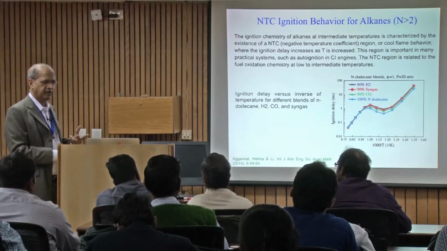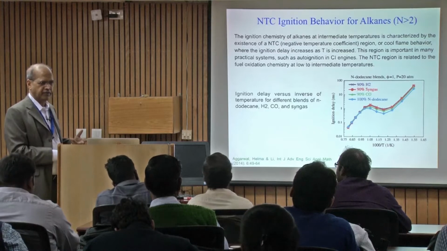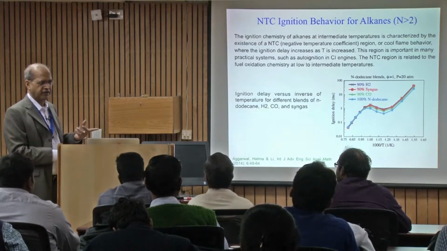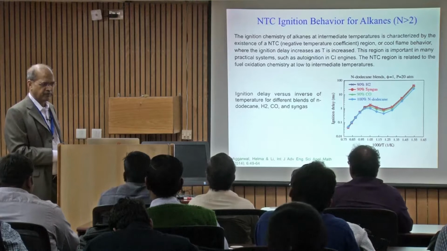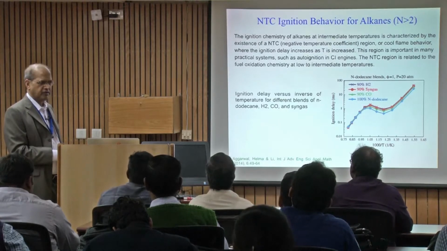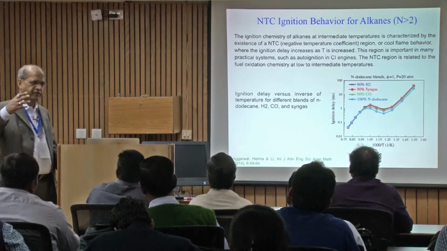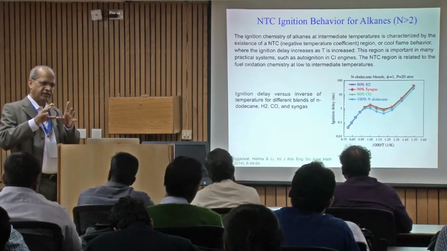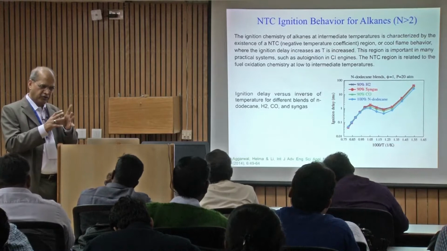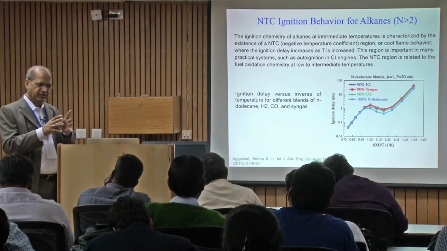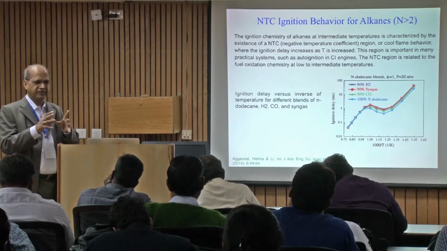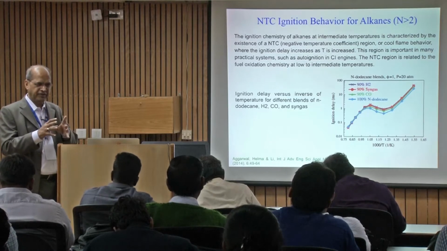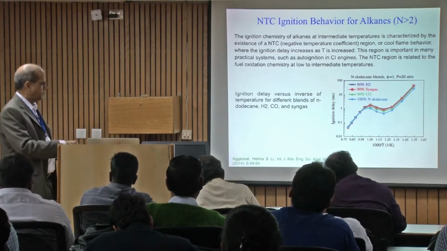If you use a reaction mechanism for a larger hydrocarbon, it has to show this behavior, otherwise that mechanism is no good. Especially if you download one from somewhere, you have to check whether it is for low temperature chemistry also, or only for high temperature chemistry. If it is only for high temperature chemistry, then it will not show this behavior.